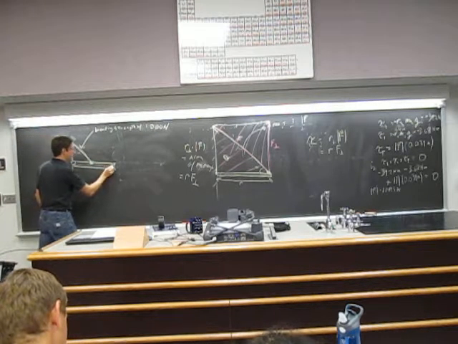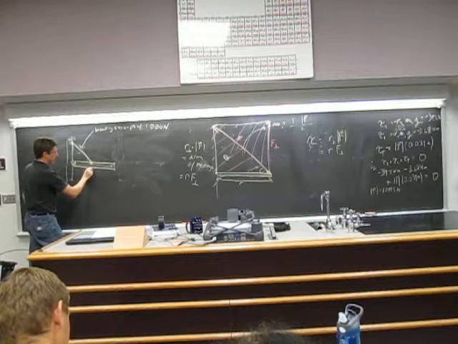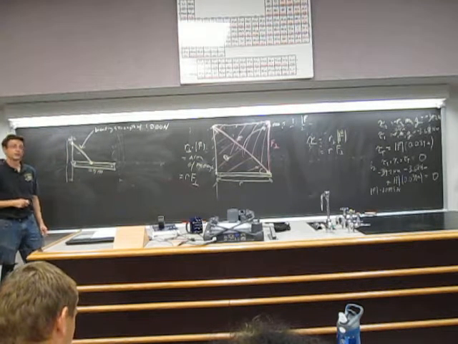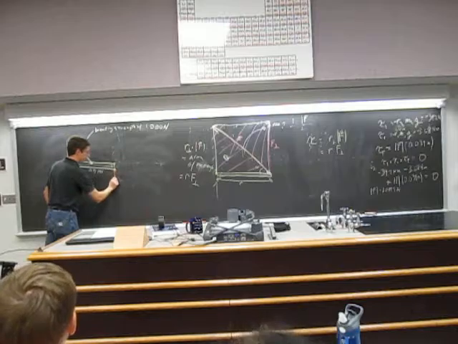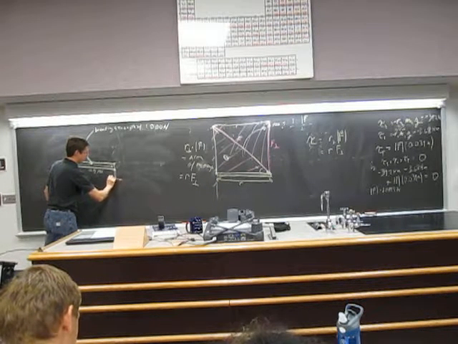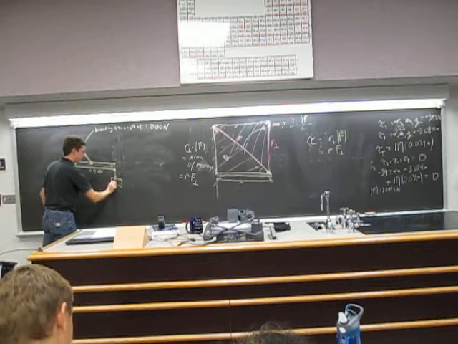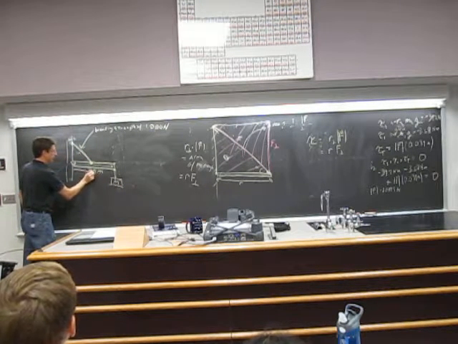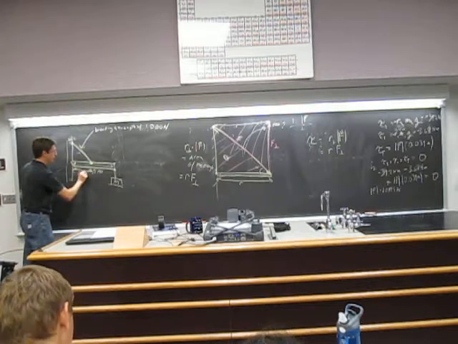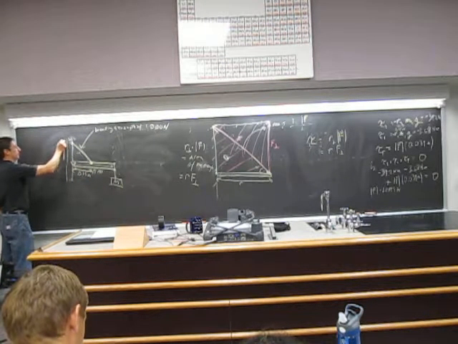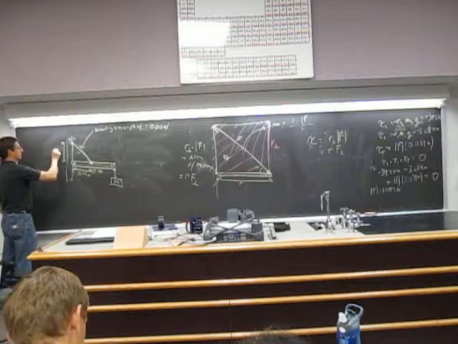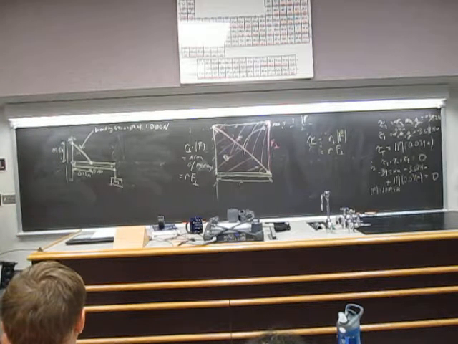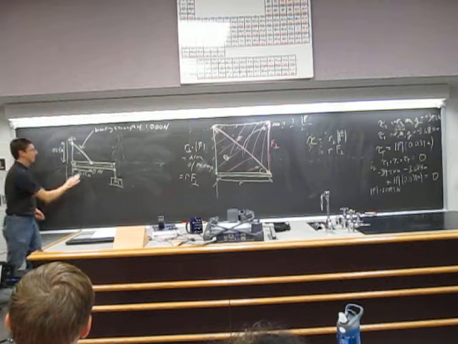This length here is 0.5 meters. And then there's another wire coming down here, a little rope, and there's an M here. This length between here and here is 0.25 meters, and that's the same as this length.